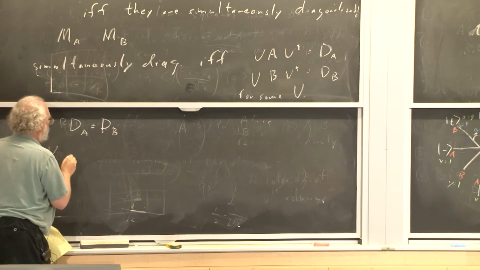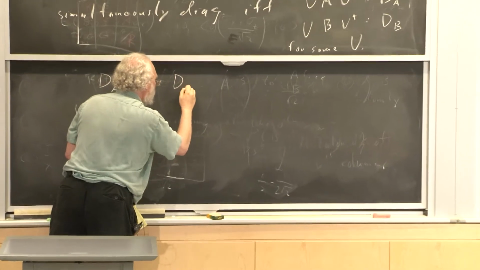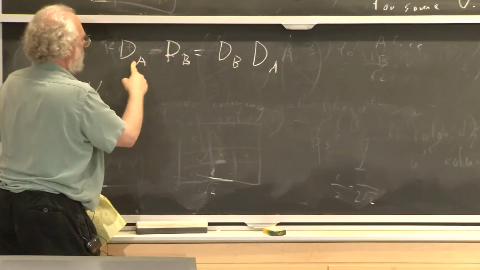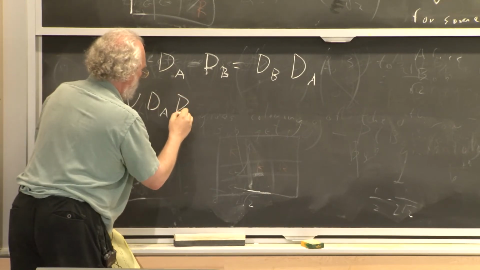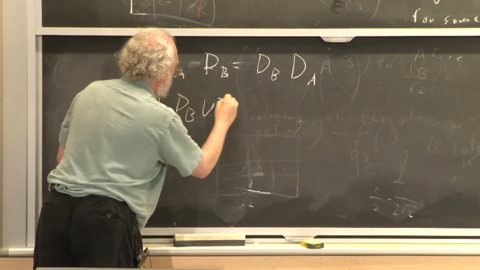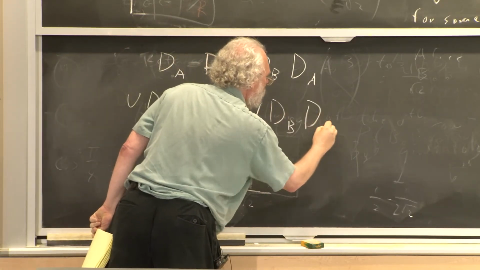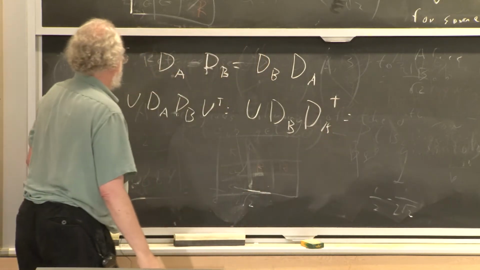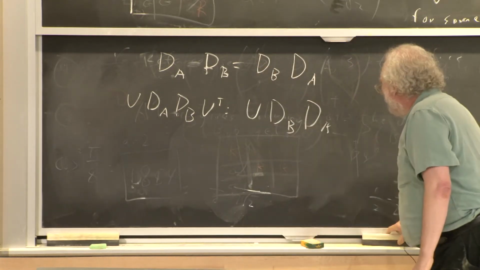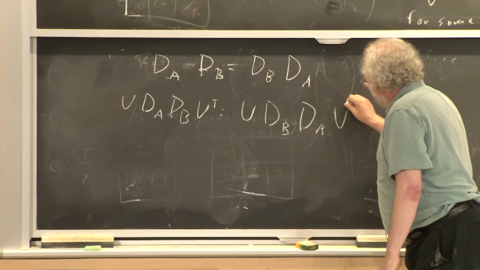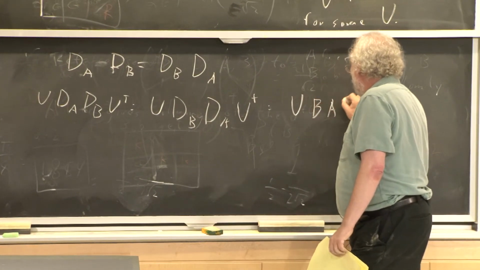I'm doing this wrong, aren't I? What I meant to write down was dA dB equals dB dA. So that says that U dA dB U dagger is equal to U dB dA U dagger, and this is equal to U B A U dagger.